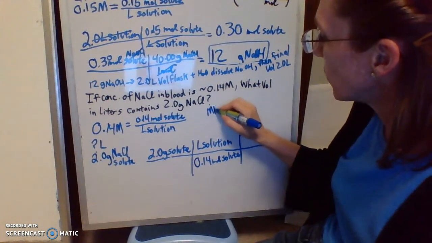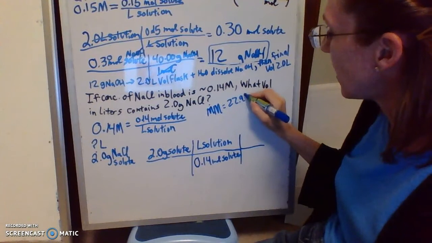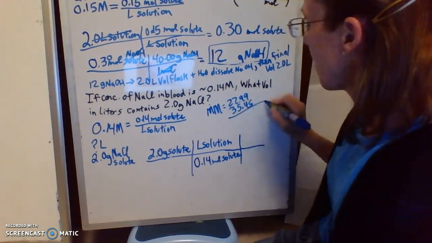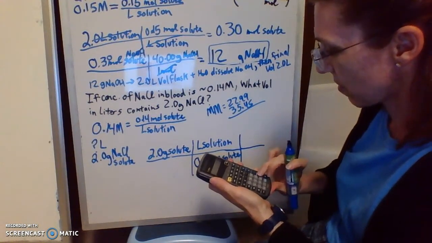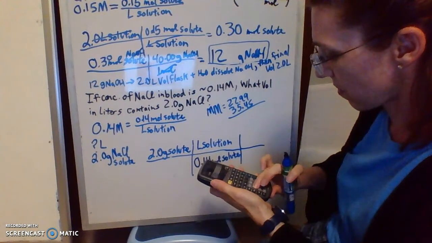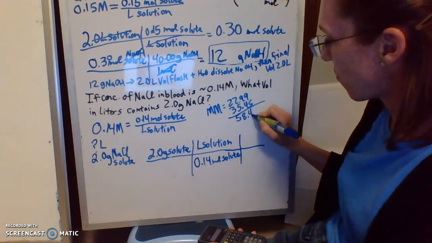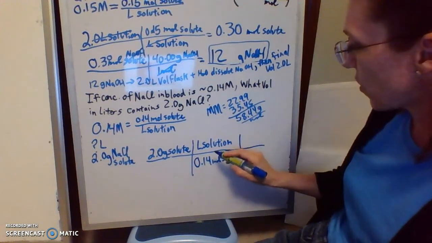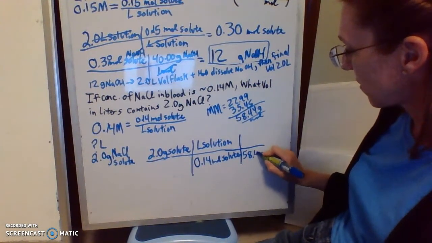And the molar mass, we've got sodium, which is 22.99, and chloride, which is 35.45. We can add those guys up, and we get 58.44 grams per mole. So grams are on the top, grams have to be on the bottom to cancel out.